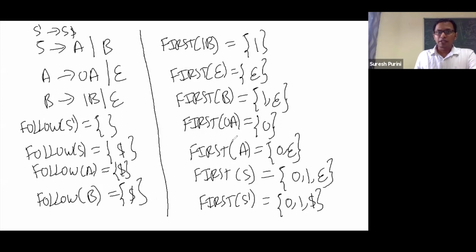Again, we will revisit the computation of the follow set in a formal way in the next session. In this session, we would like to understand how we can compute these first and follow sets in an intuitive fashion. Later on, we will come up with an algorithm to compute the first and follow sets.